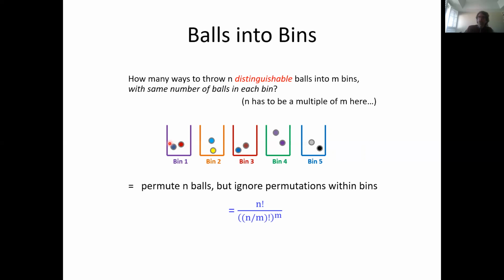So therefore, it's the total number of ball permutations, n factorial, divided by the internal permutations. The number of balls within each bin is n over m, so this will be n over m factorial permutations inside. Then I also have to divide out the same n over m factorial factor for the internal permutations of the other bins, and so forth m times. For every bin, I have to divide out these internal permutations.